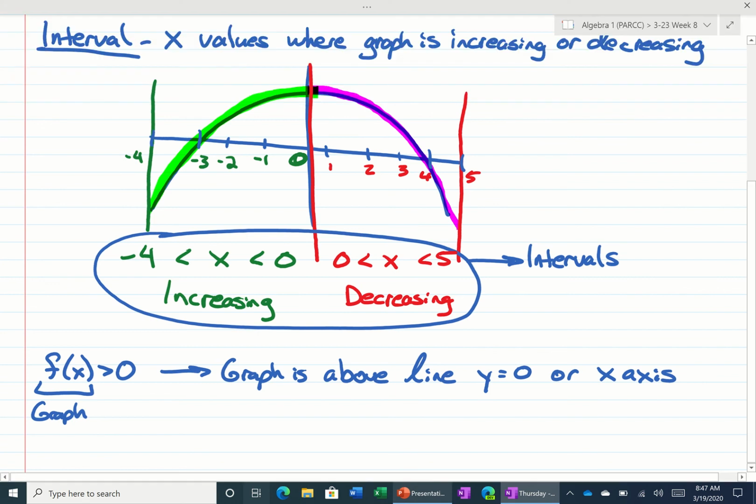It looks like everywhere up here, I'll use a highlight in blue, everywhere over here the graph is above the x-axis. Well, close. Anytime the graph goes above the x-axis, this is the x-axis. The graph is above the x-axis right here.